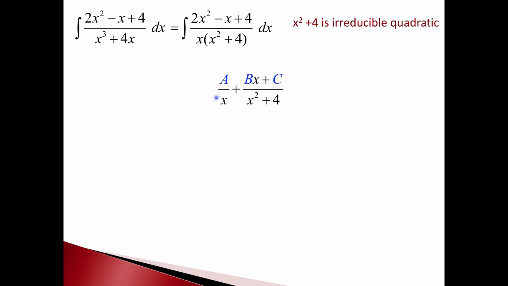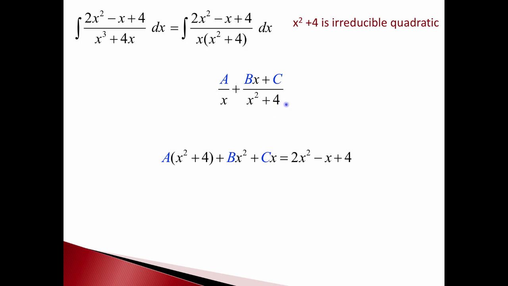So that would give me A times x squared plus 4. And this part would have to get multiplied top and bottom by x. So I'll end up with A times the x squared plus 4 plus the Bx plus C. It gets multiplied by x. So I've gone ahead and multiplied through here to make it Bx squared plus Cx. That would be the numerator of my recombined terms here.